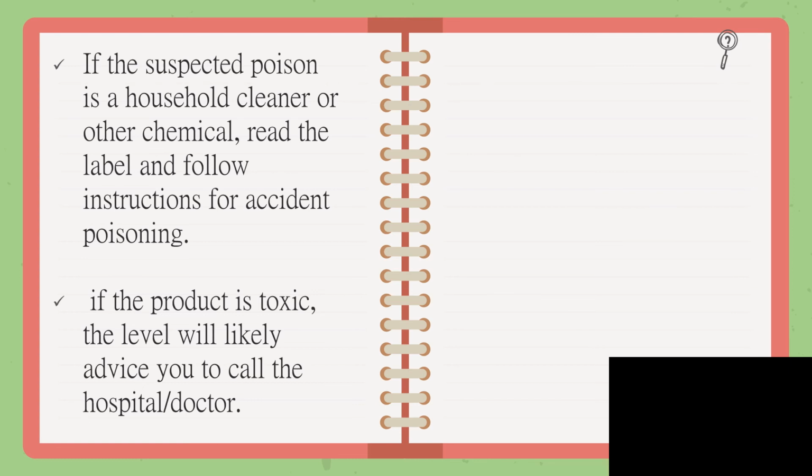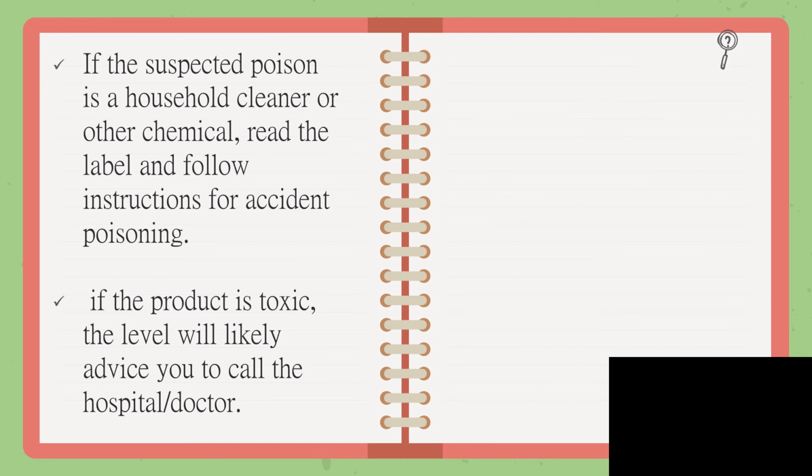So, halimbawa, kung hindi niya inaasahan na nakainom siya, ang dapat gawin daw, tingnan yung label sa likod kung anong klaseng chemicals yung nainom or nakain niya.